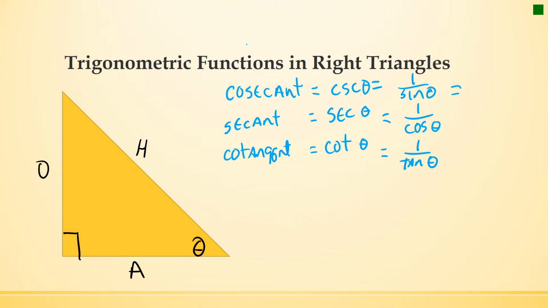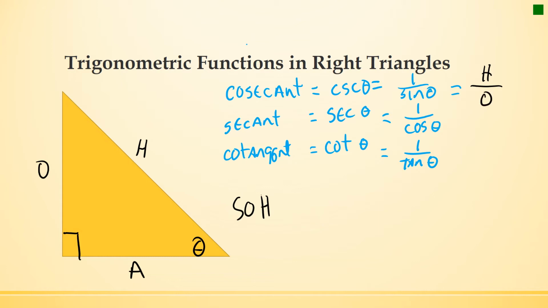Well, if the cosecant is 1 over the sine, and using SOHCAHTOA, the sine is opposite over hypotenuse, then the cosecant is the hypotenuse over the opposite side.